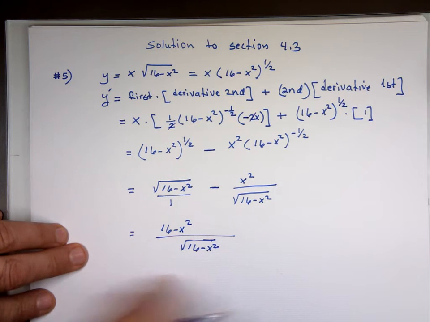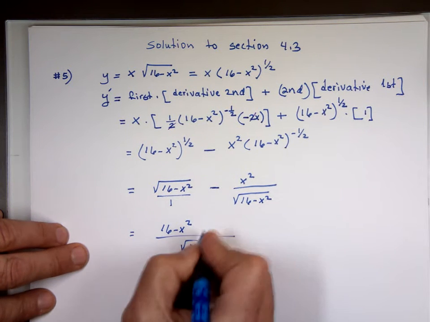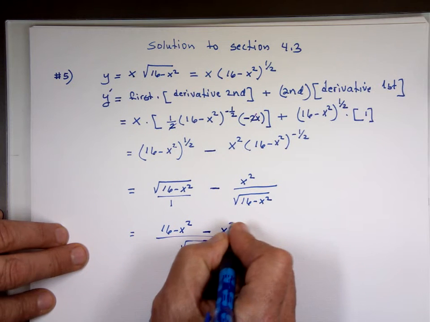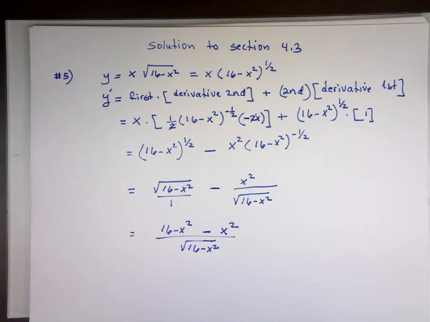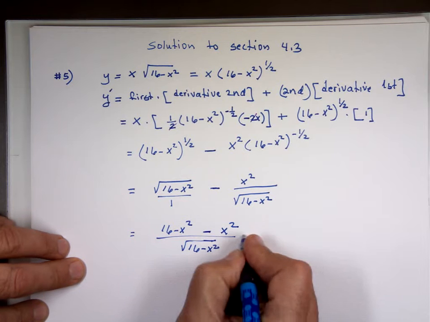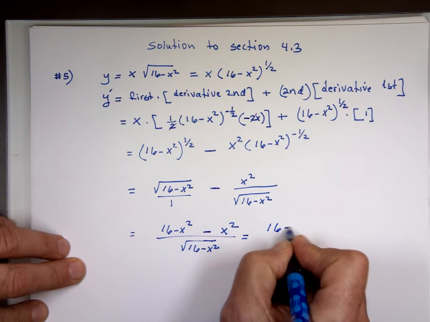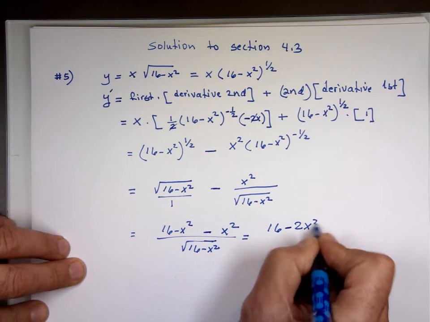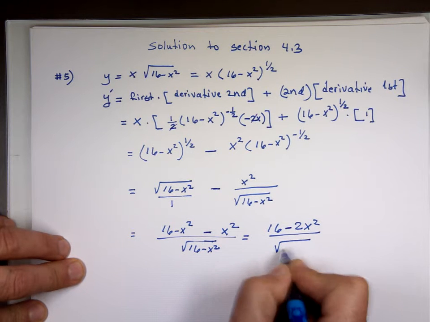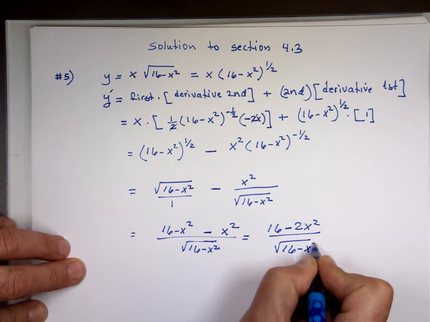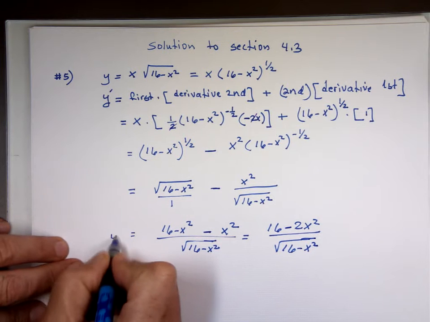You lose the square root of that. And here's the minus, and this will be the x squared. So my final answer, if I did the math correctly, that's what my derivative is.